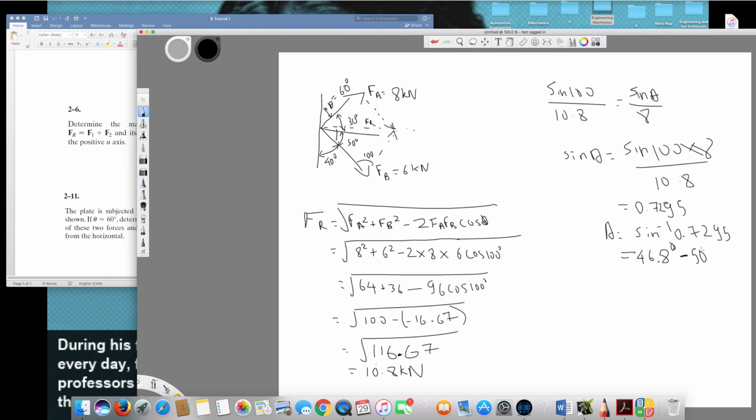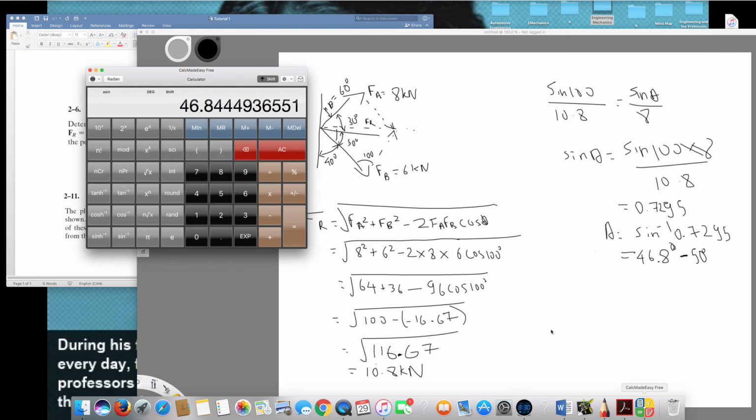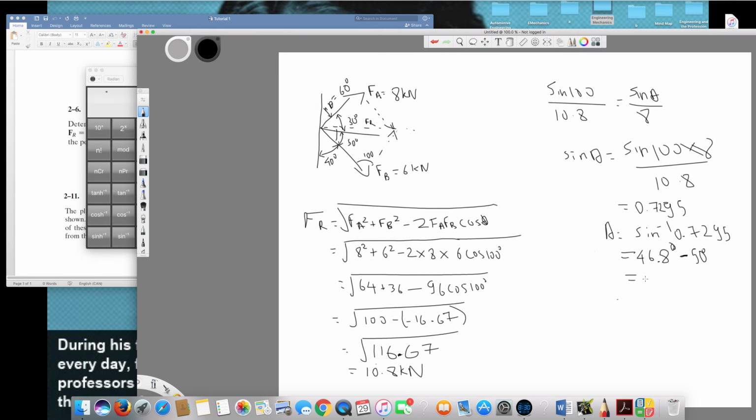If we deduct the 50 degrees, let's see what we get. 46.8 minus 50 is going to be negative 3.2.